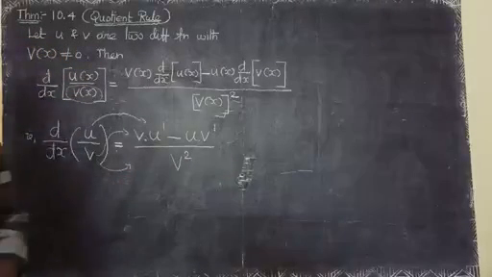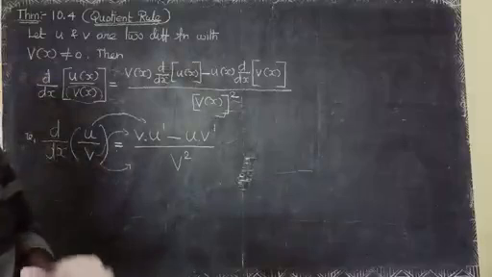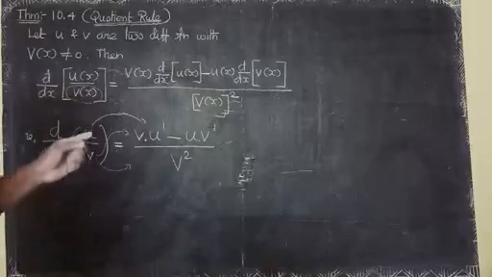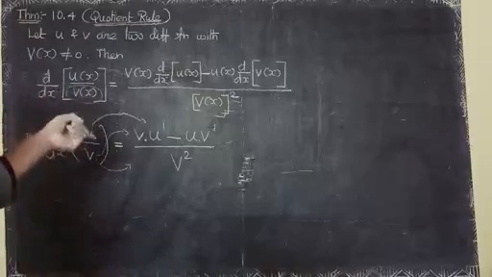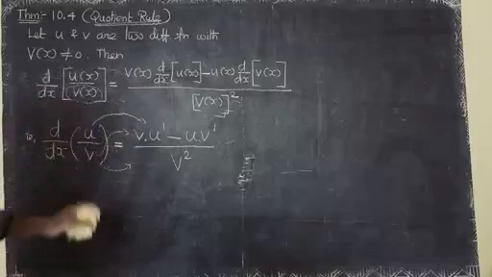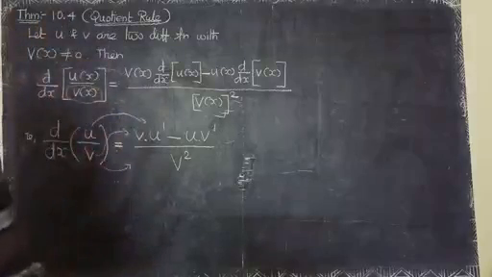This is called the quotient rule. Similarly, prove theorems 10.2, 10.3 and 10.4 also.